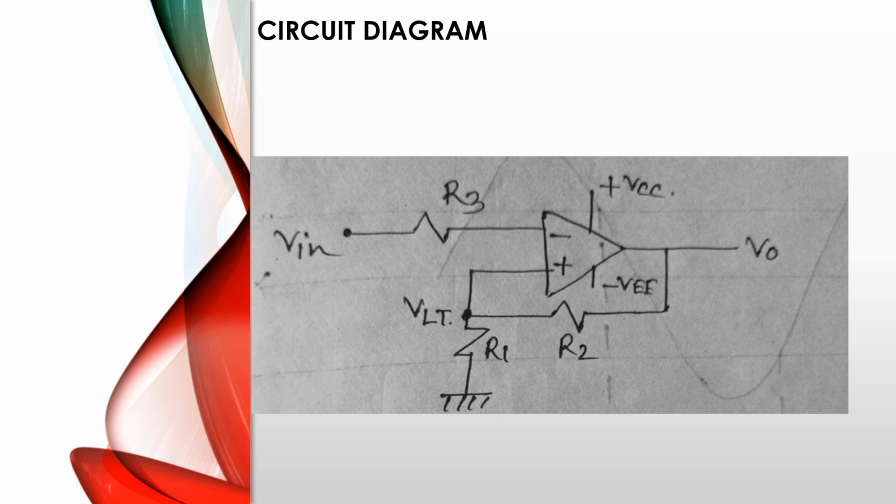When this occurs, the op-amp is driven into saturation as the error voltage changes polarity. This negative voltage is called lower threshold voltage. The output will remain in this state as long as the input is more positive than the lower threshold voltage.